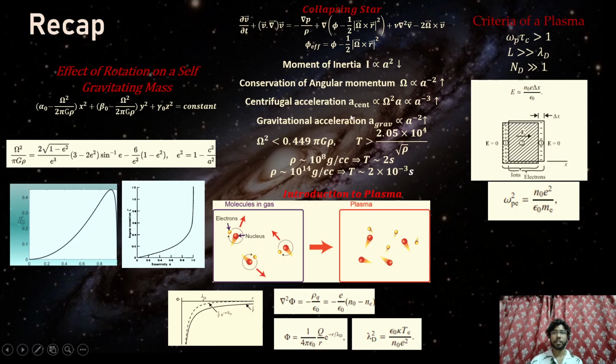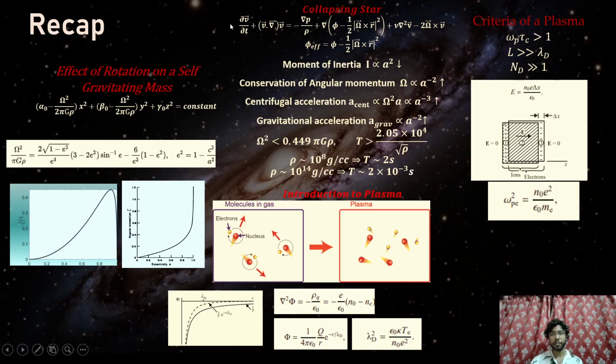If you look at this equation, this is the momentum conservation equation, including the centrifugal effect and the Coriolis effect as well, right? We studied these two extra terms and how they come if we consider rotation.